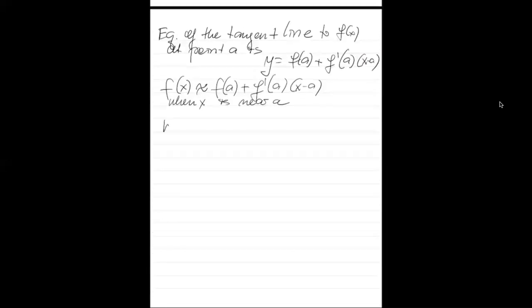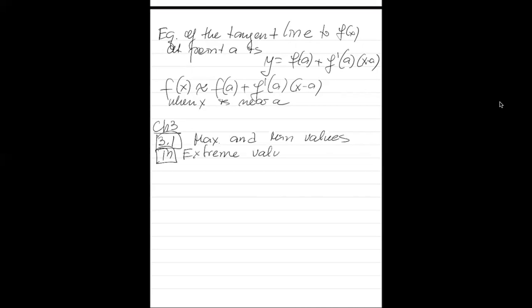Chapter 3. 3.1, maximum and minimum values. We had several theorems here, but the extreme value theorem was important. Extreme value theorem.